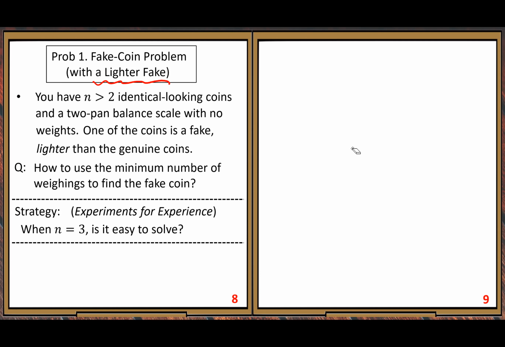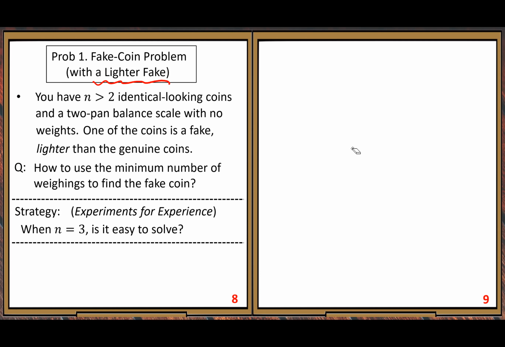We have 3 different states: left pan state, right pan state, off the pan state. If you want to use all the information, all the different states, it's better to split into 3 groups, 3 piles.